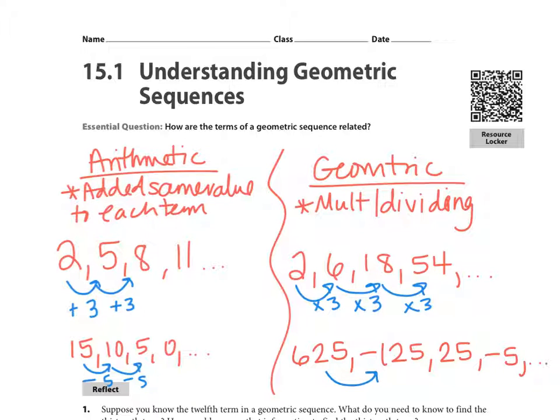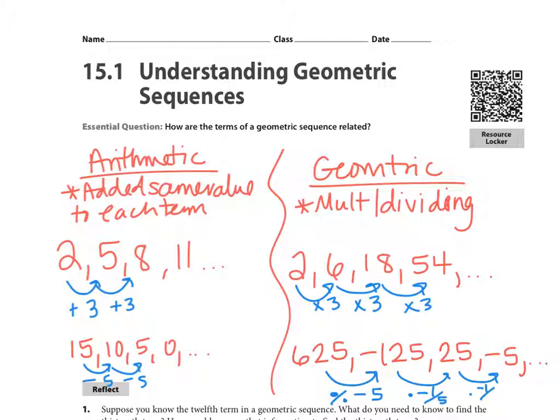I am going to tell you, you can do this two ways, and you just have to take note of this. You can either say you are dividing by negative 5, and you could have used a calculator to figure out that pattern, or, and I think this is better, keep it multiplication, but because it's getting smaller, we're going to use a fraction. So it's multiplying by negative 1/5.